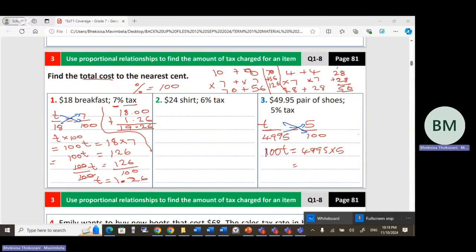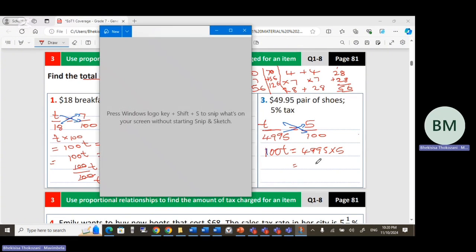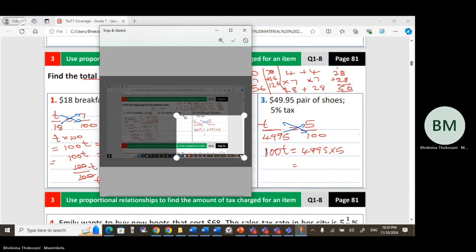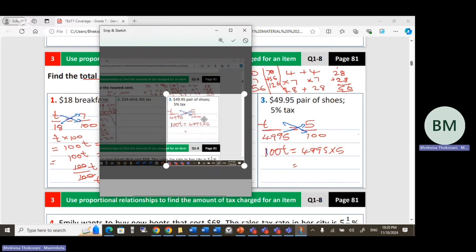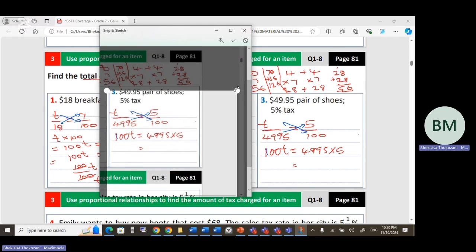So I'm going to try to get this on another page because I don't have enough space, guys. I won't lie to you.